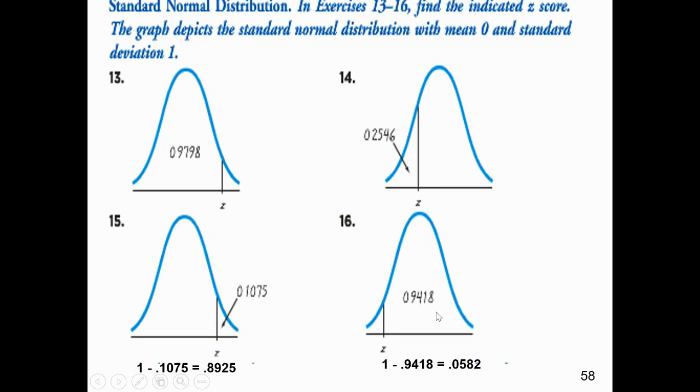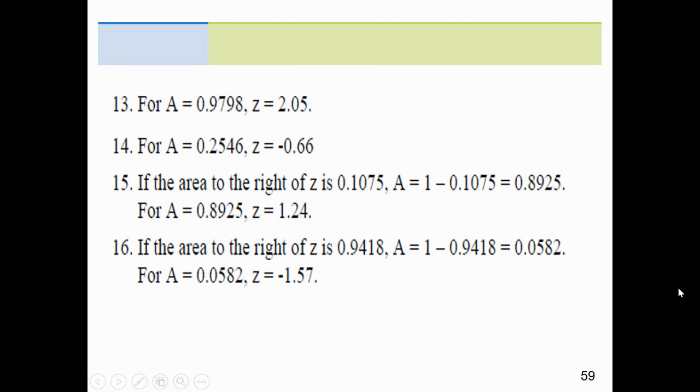So if all this area is 0.9418, the area that I need to input into my calculator is 1 minus that, 0.0582. And here all I'm showing you is what it would look like if you were doing pencil and paper. Your calculator will do those if you want to try those two.